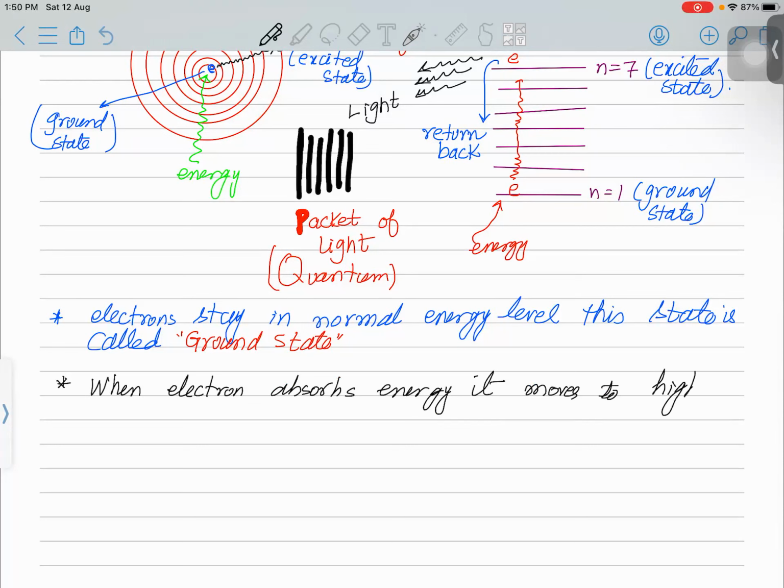Energy level. And another name is principal quantum number.